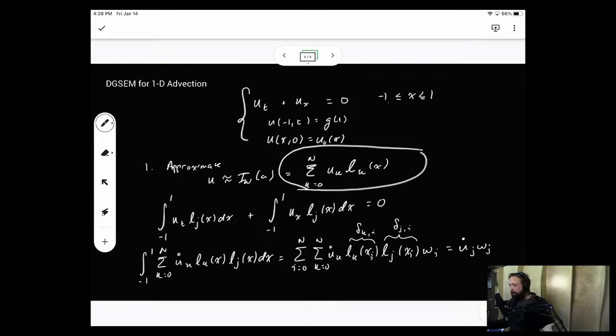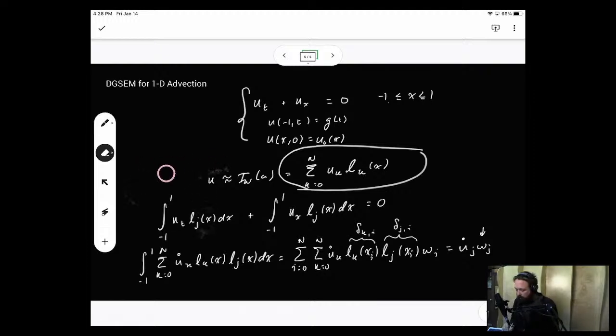Now you'll probably see other people who do Legendre-Gauss-Lobatto or Chebyshev-Gauss or Chebyshev-Gauss-Lobatto. The idea still holds. We still do this, but now everything is dictated by, again, where you place those quadrature points and the values that you use for those quadrature weights. Okay, so that's the mass matrix.